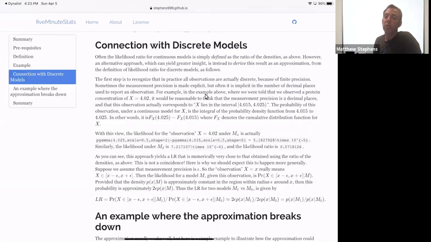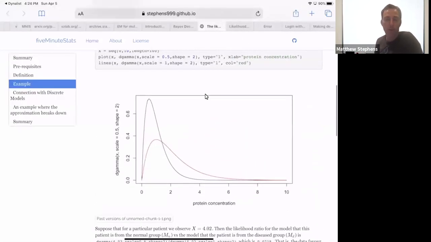Provided that the density is well behaved near 4.02, which in our example we can see it is, the integral under the red line just near 4 will be roughly equal to the height of the red line at that point times some small bin width. And the same for the black line. And so the ratio of those 2 probabilities will be the same as the ratio of those 2 densities.